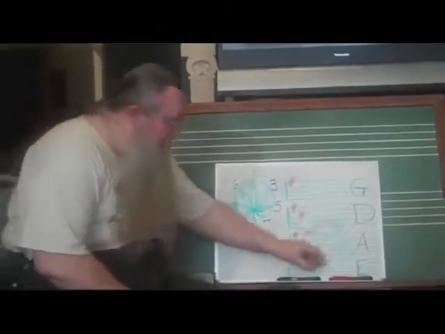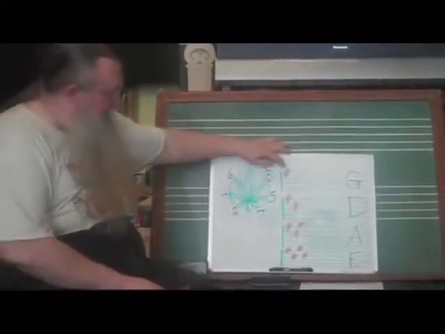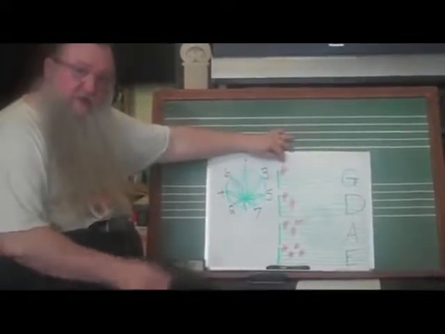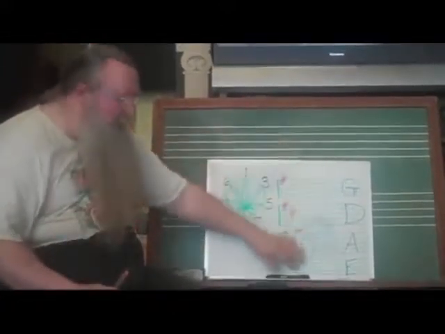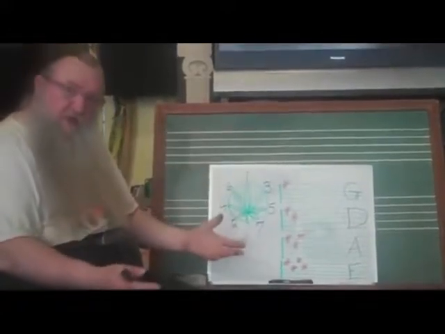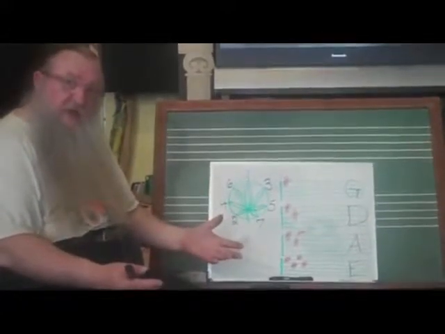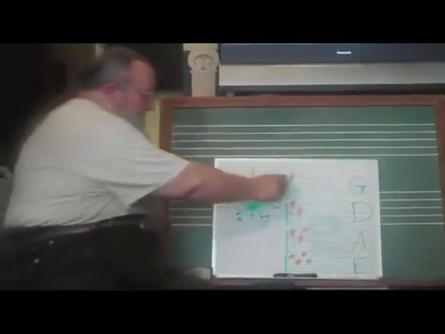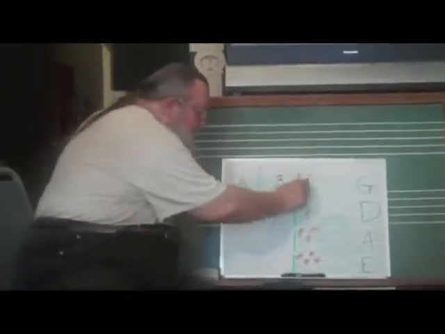Now, in this concept, the sharp on the right is always the number 7. So if I know where any number on any of these staffs are, I can use this wheel to generate the rest of the number pattern that I need in order to read music. So the number here is really the number 7.